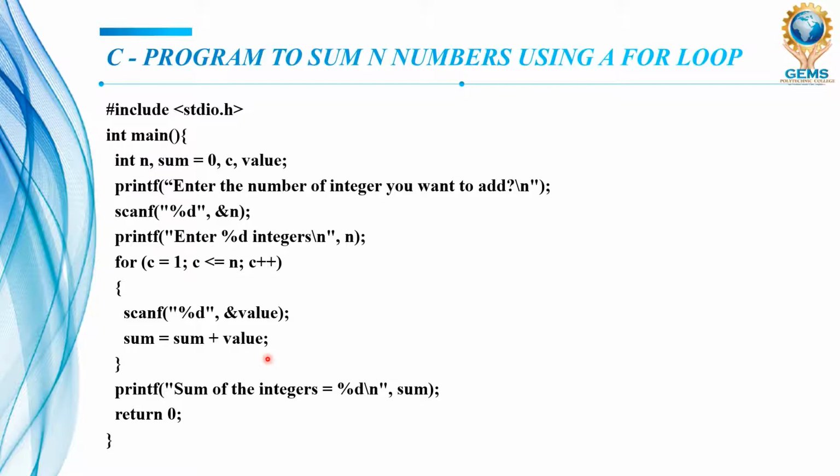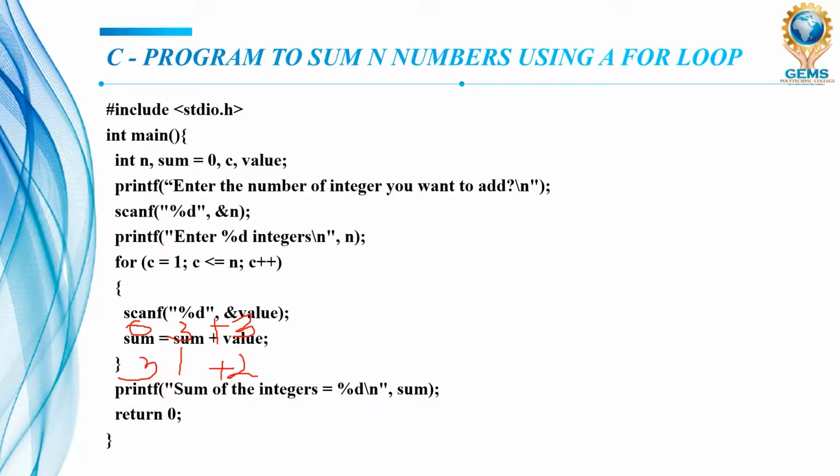That means I enter 1, the 1 will be stored in sum. Then again I enter 2, so 1 is already there. Now I enter 2, so how much will it become? Here it will become 3. So the third time when I enter value 3, then sum is 3 and this becomes again 3, then how much will it become? 6, right?